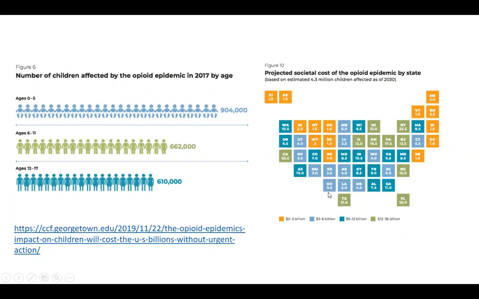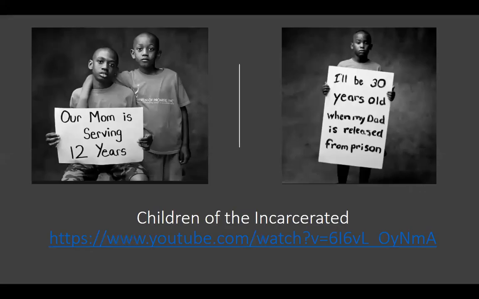So use these slides and watch that video from the slide above. This link is to an article that is very informative and may give you some good ideas for solutions and those branches, part of your activity or assignment. The last one here is children of the incarcerated. I'm not going to say a lot about this.